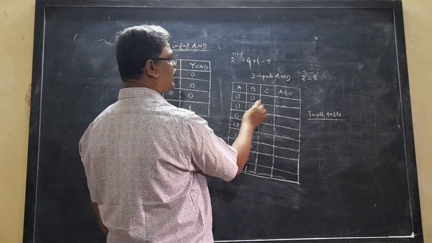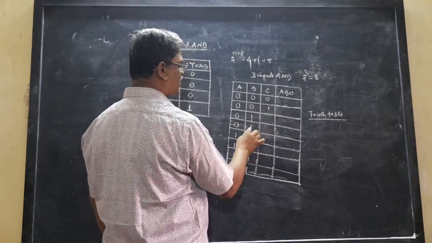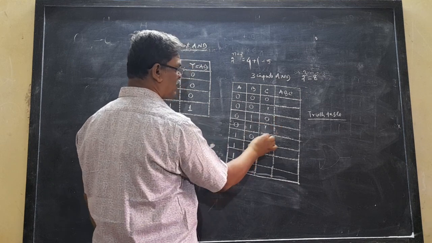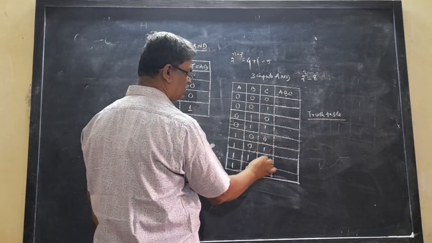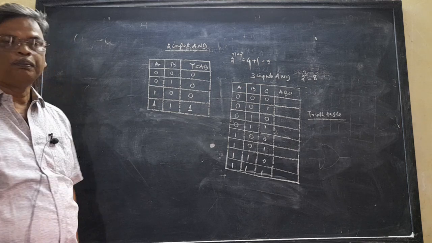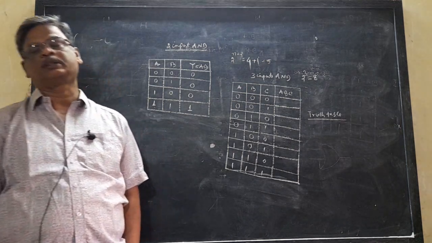Then in groups of 1: 0 1 0 1 and so on, alternating. Now we have completed the input table, then we get the output.